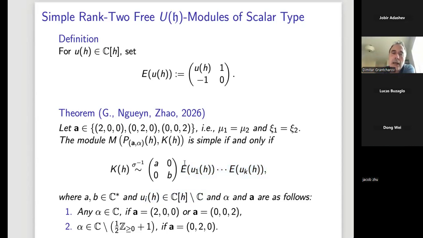So we kind of give a theorem that provides a nice necessary and sufficient condition for simplicity of again scalar modules. But again, this is sigma similarity. It is not the explicit theorem we want.